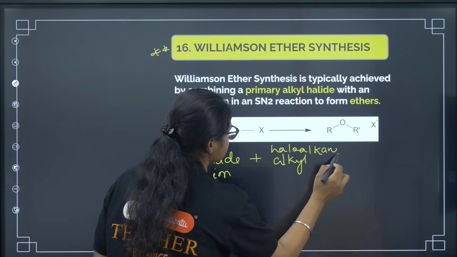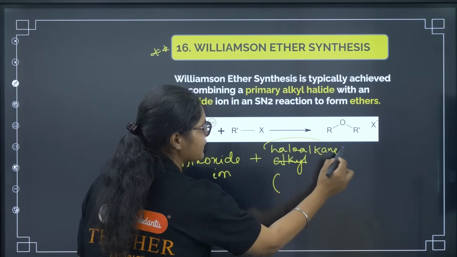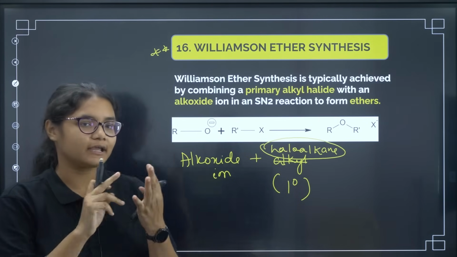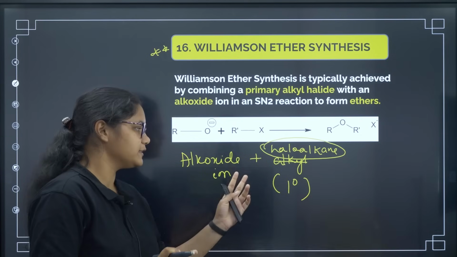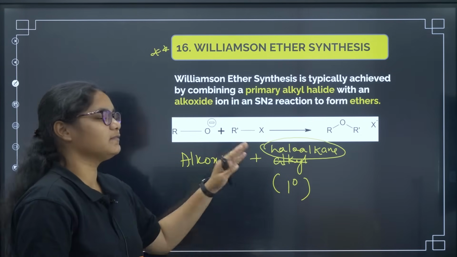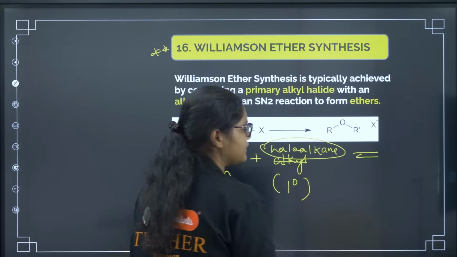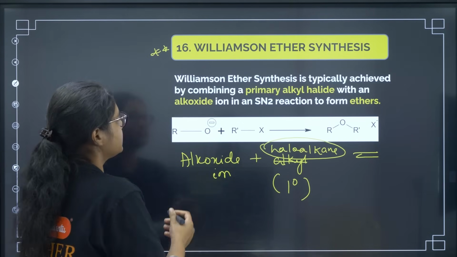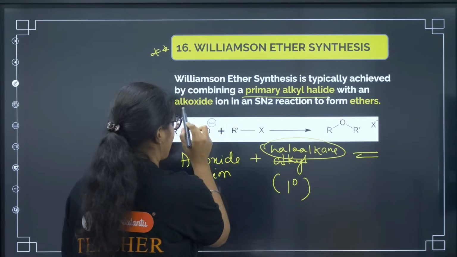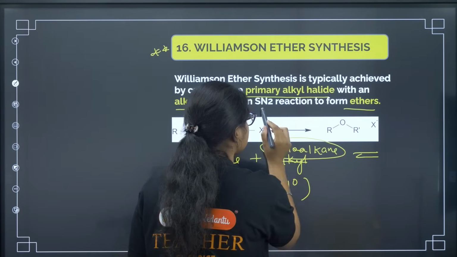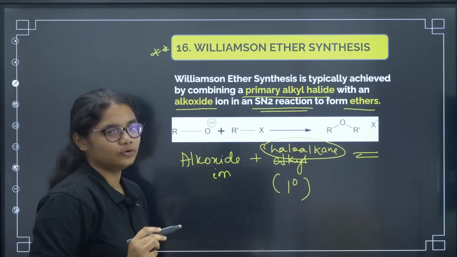The condition to be remembered is that this haloalkane should be a primary one. The reaction will not occur if you take secondary or tertiary haloalkanes. Then we have a displacement reaction and we get ether as the major product. So primary alkyl halides and alkoxide are the two reactants to give you ethers. The mechanism of the reaction is SN2.